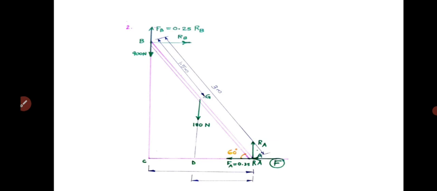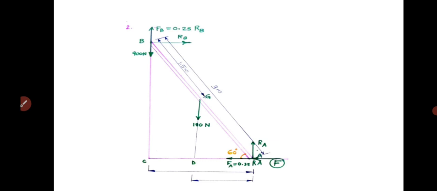So at that point you have to give a push, then only the ladder will remain in equilibrium. So when a person is standing at the top point of the ladder, you have to apply a push at the bottom end where the ladder touches the floor, and calculate the horizontal force required at point A.